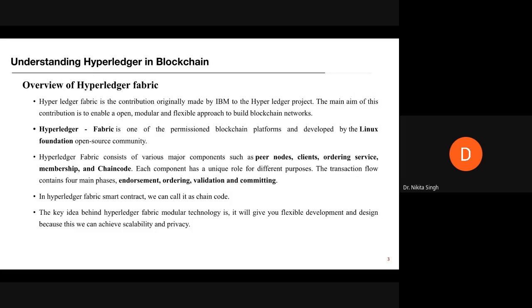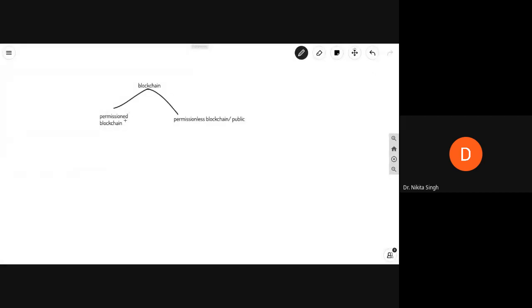If you have a blockchain, it can either be thought of as a permissioned blockchain or as a permissionless blockchain. Now, in both of these cases, permissionless would make it a public blockchain, and permissioned would make it a private blockchain.